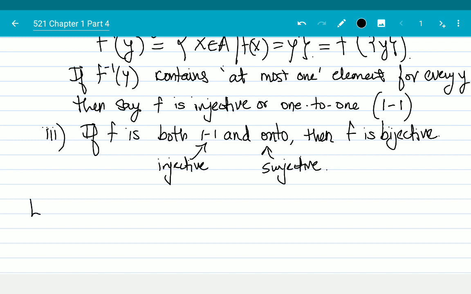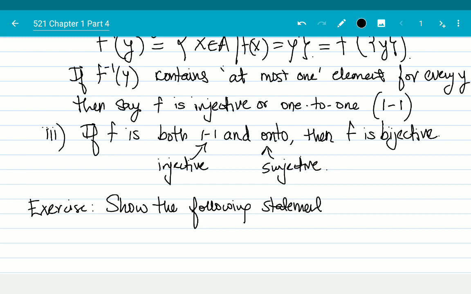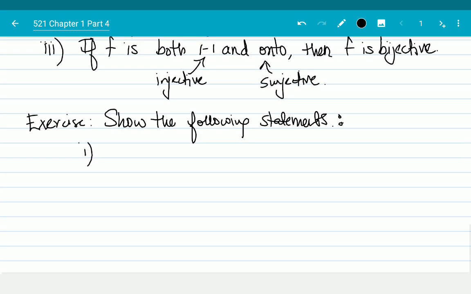Okay, so exercise 1: show the following statements. These are not strict homework problems because this is something you should technically know from before and you should be able to do it.